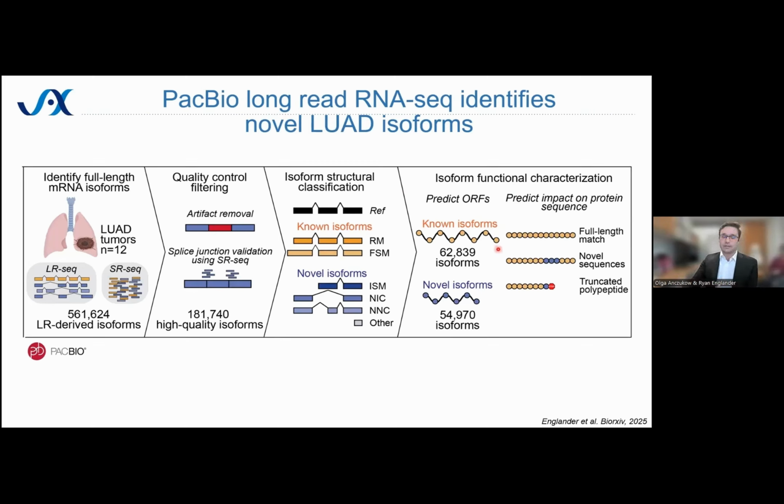So we classified isoforms into those encoding full-length matches to known protein sequences already identified in the human reference proteome, novel sequences that are unique and would not otherwise be identified, and then truncated sequences that have a premature termination codon that leads to either a truncated or non-functional protein relative to the reference.